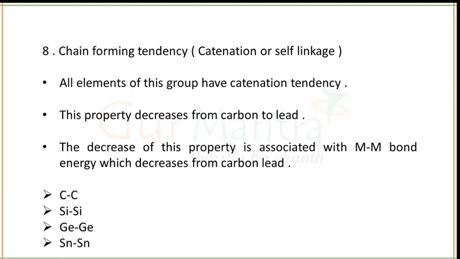This property decreases from carbon to lead, meaning the catenation power of carbon is much higher than that of the remaining elements. The decrease is associated with the M-M bond energy, which decreases from carbon to lead. Carbon has the highest catenation property because the carbon-carbon bond energy is higher, and this decreases from carbon to lead.